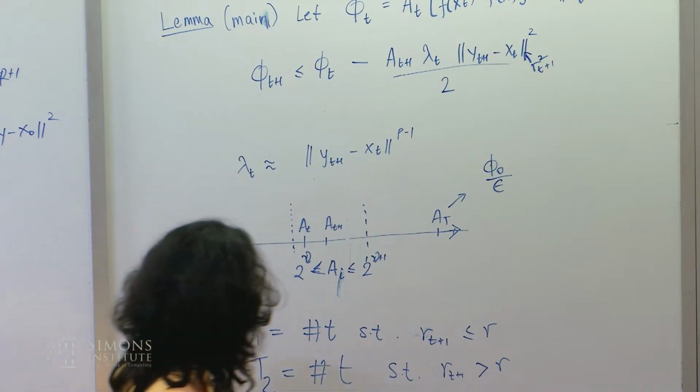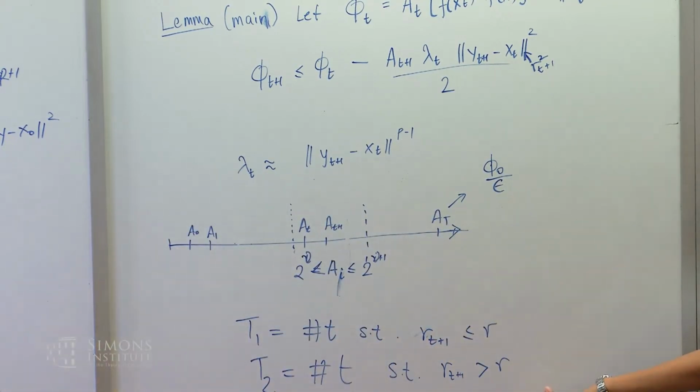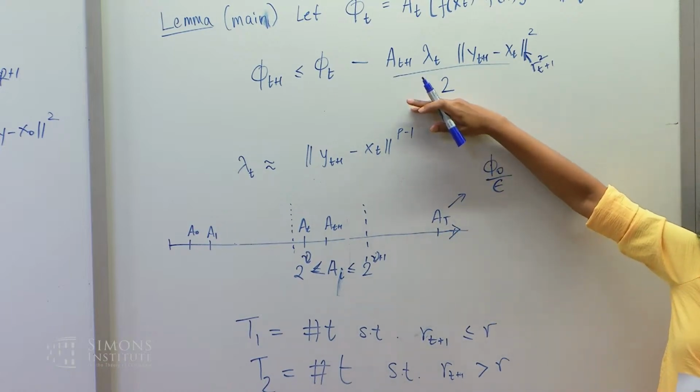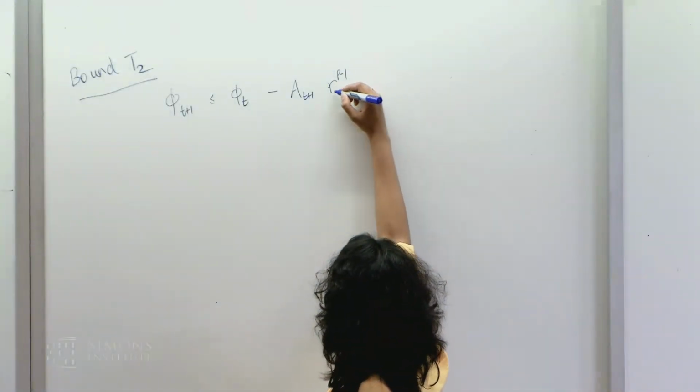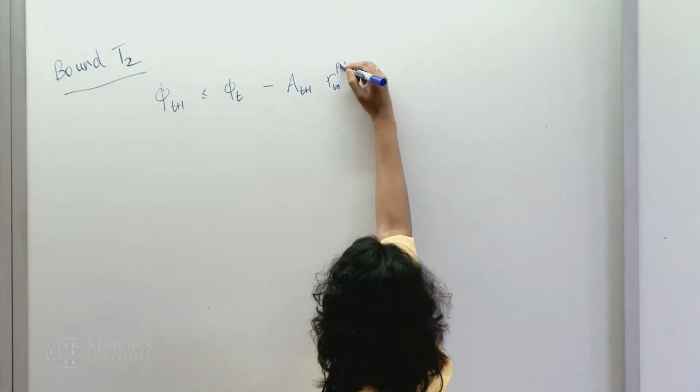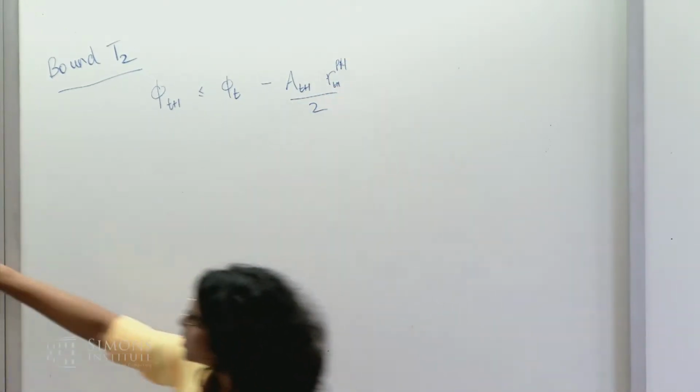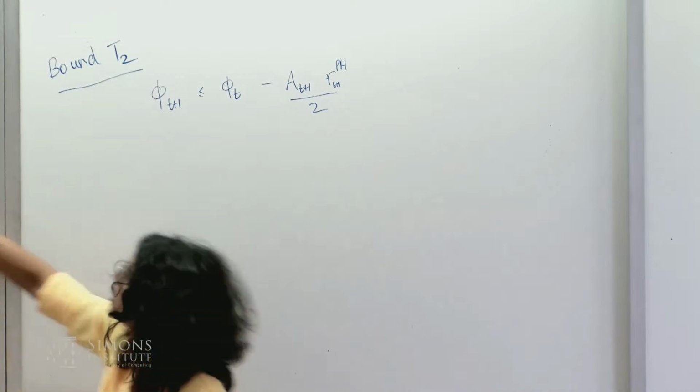So let's start by bounding T2. Let's look at this potential again. What we know is that phi_{t+1} minus phi_t, with lambda_t being R to the p minus 1, just from this potential decrease argument, you get this.